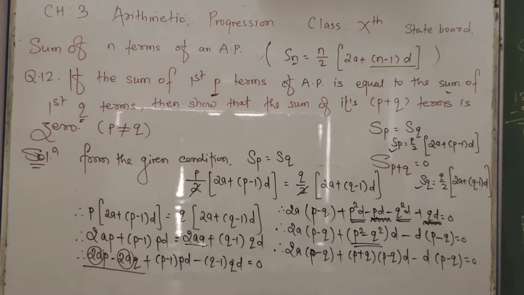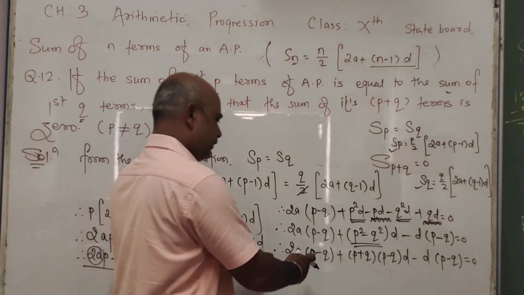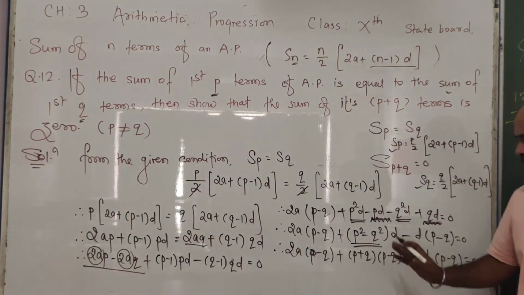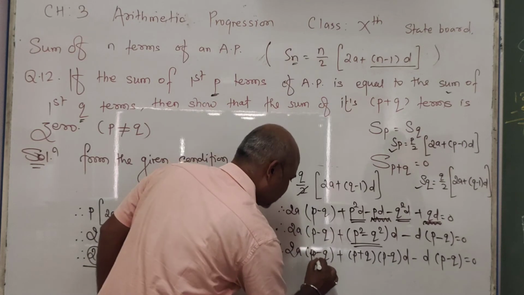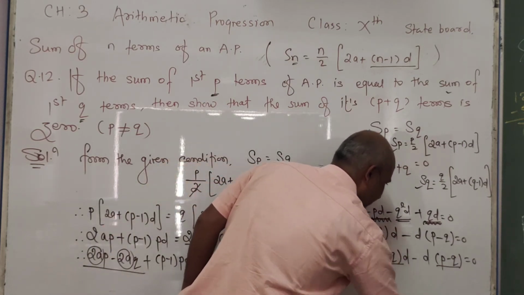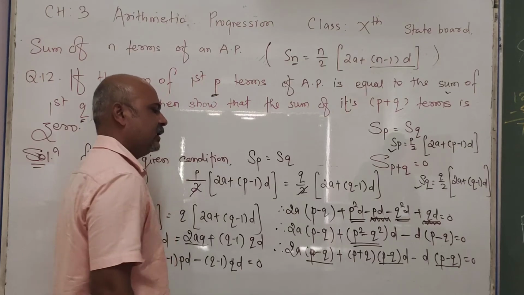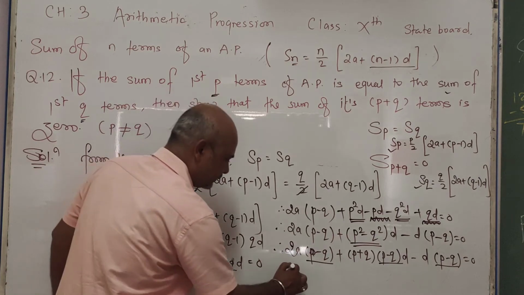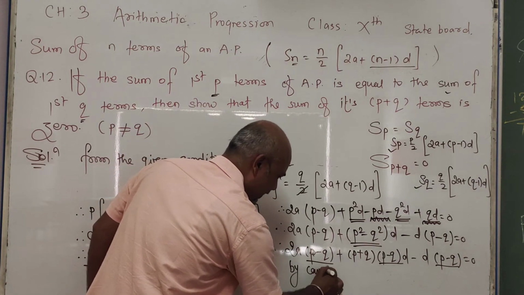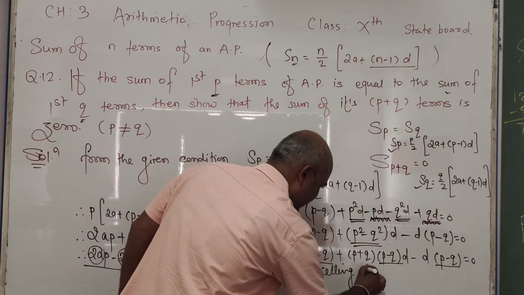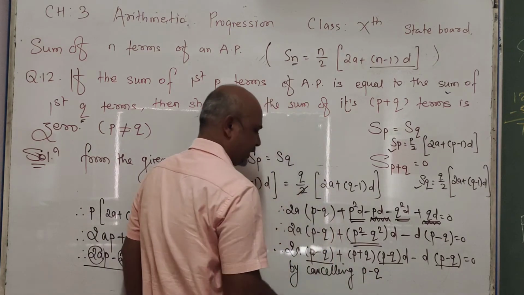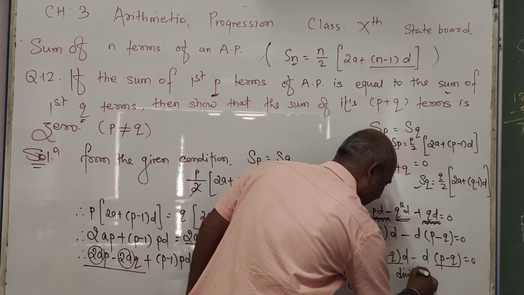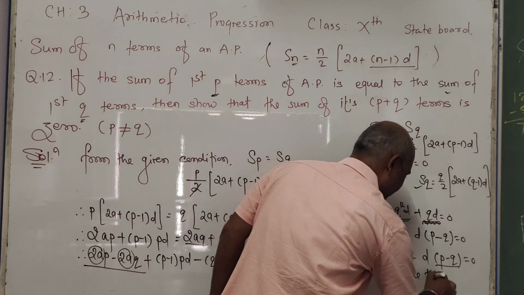Now students, you will see this is the first term, this is the second term, and this is the third term. In all these three terms, p minus q is common. So you will cancel p minus q throughout.